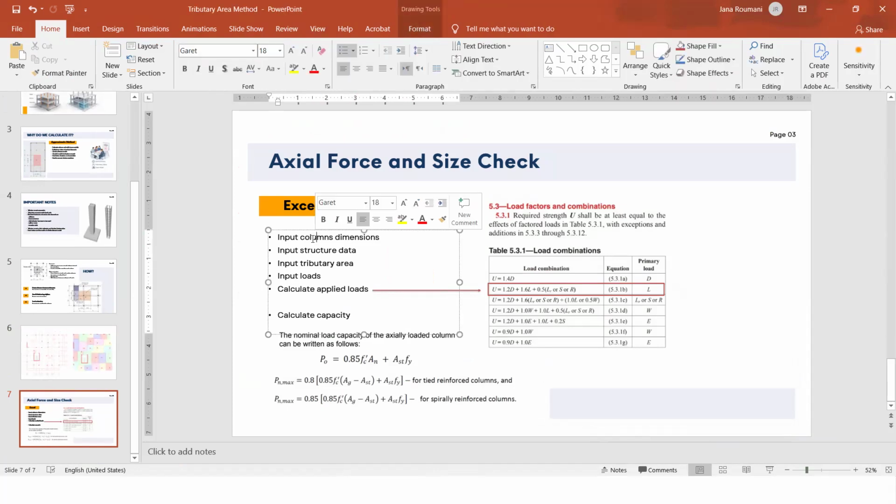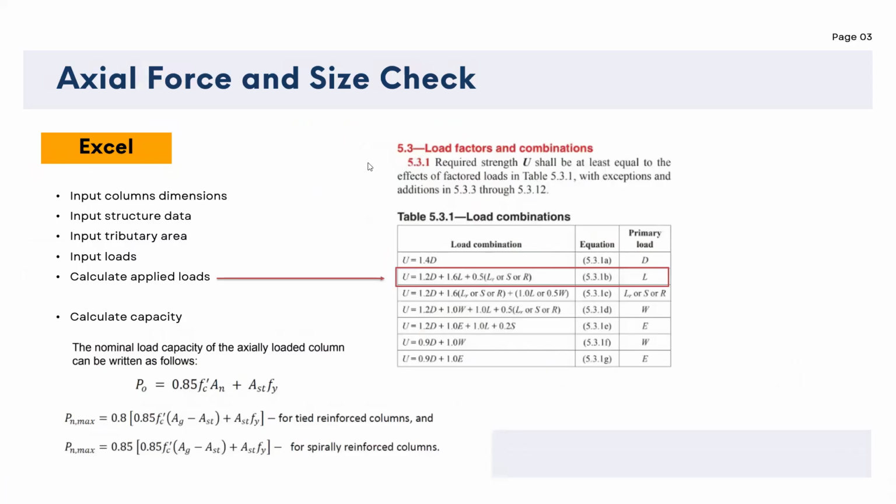If we go back here, we talked about inputting the column dimensions, then the structure data, tributary area, and the input loads. After inputting the dead and live loads, superimposed dead loads and live loads imposed on the slab, the Excel actually calculates the service and ultimate loads.